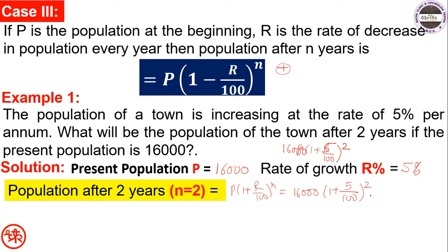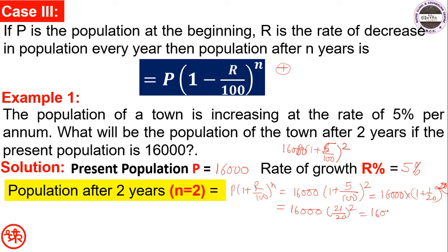Is that clear? So it is equal to 16,000 into (1 plus 1 by 20) raised to the power 2, which is 16,000 into (21 by 20) raised to the power 2.